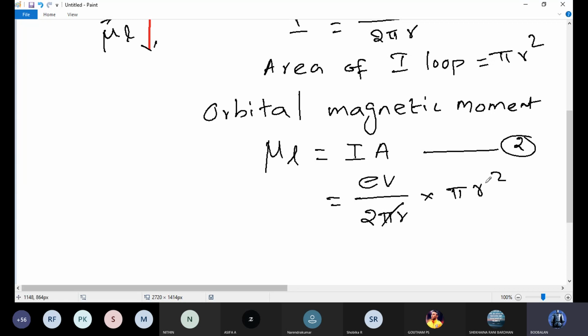Now pi cancels, and one r cancels. Remember this is mu L, with subscript L, the orbital magnetic moment, the magnetic moment due to the orbital motion.